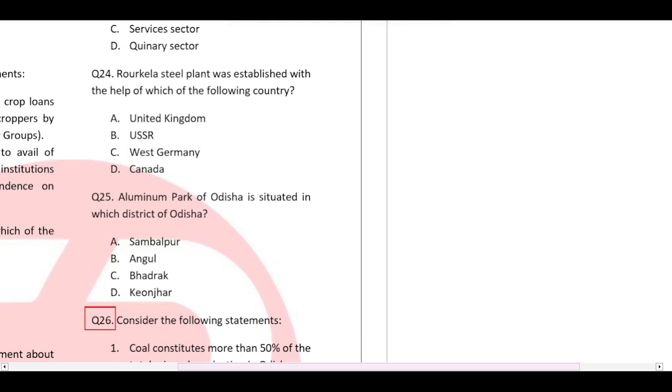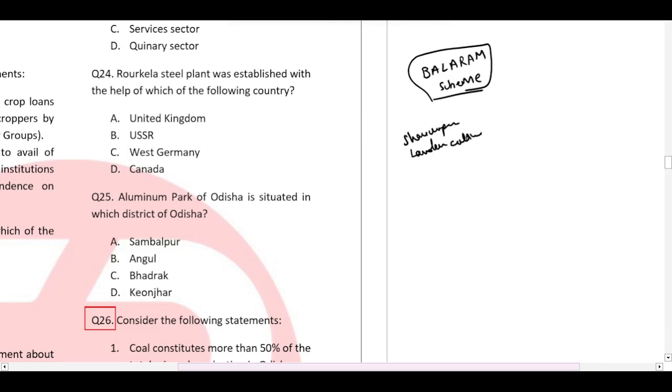The Odisha government came up with this scheme called Balaram scheme. Even before we go into this Balaram scheme, let us look at the problem of a few agricultural landless laborers. So there are sharecroppers, and there are landless cultivators who cultivate in the land of other landlords by taking the land on lease.